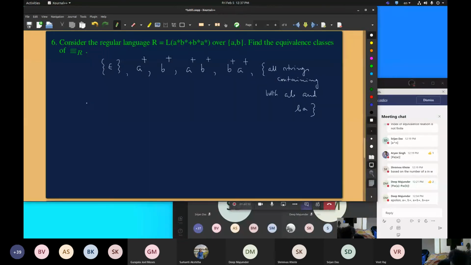So this is an example. No string in B plus can be equivalent to any string in, let's say, A plus B plus. Why?